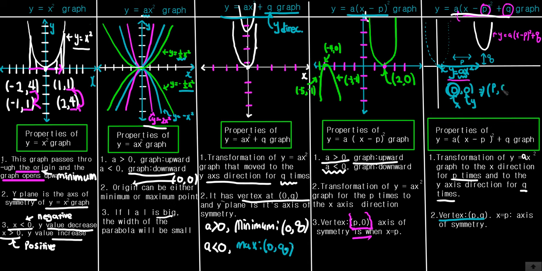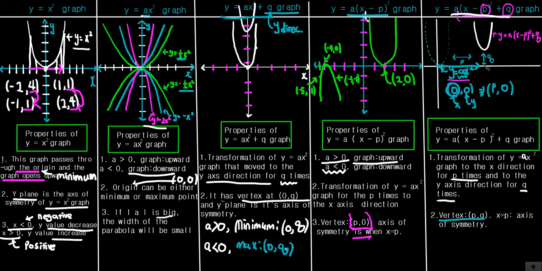For this one, the y value is still 0, but we know that we moved this transformation by q in the y direction, but we don't know the exact value of its y direction, so we just put that value as q. So p comma q is the vertex of this function.